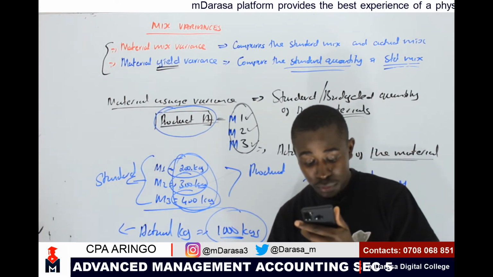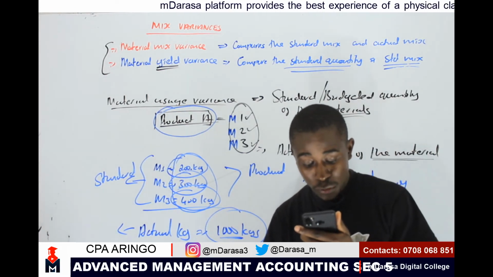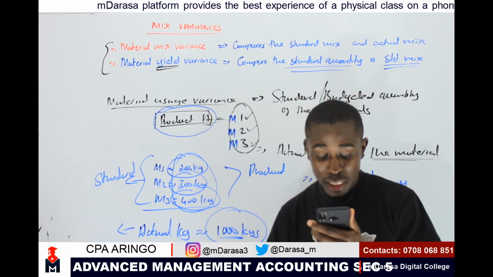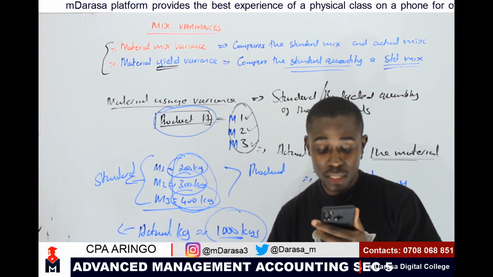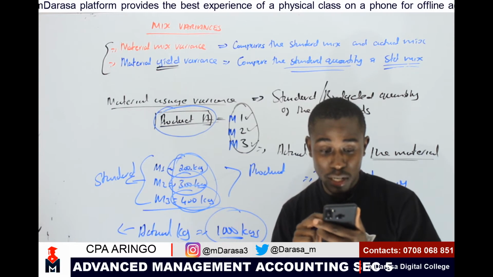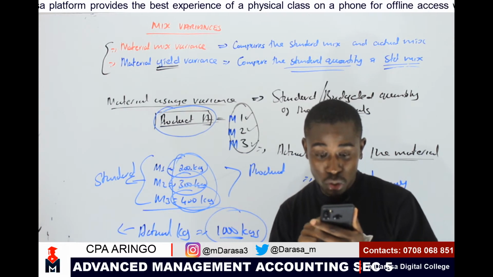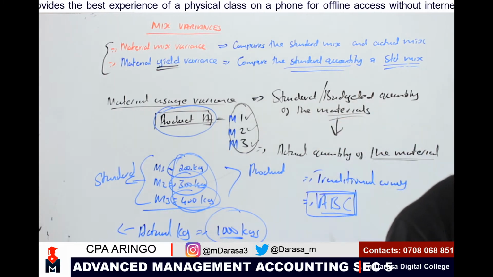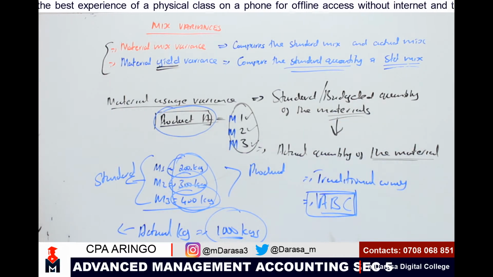Number one, calculate the following variances for the ingredients in Maliza, that is material usage variance, correct? Number two, material mix variance. So basically the main elements are material mix variance and material usage variance, and I'm also required to share the question.